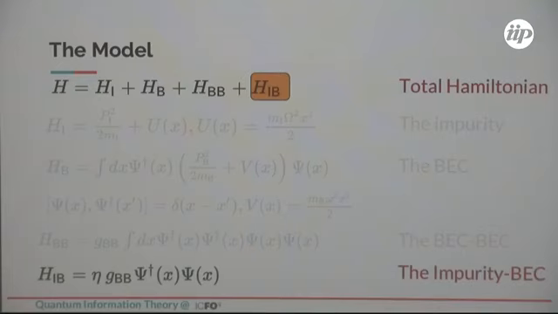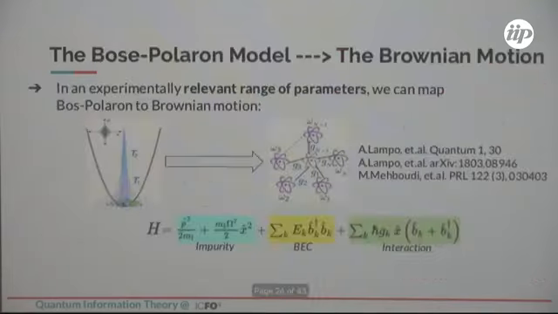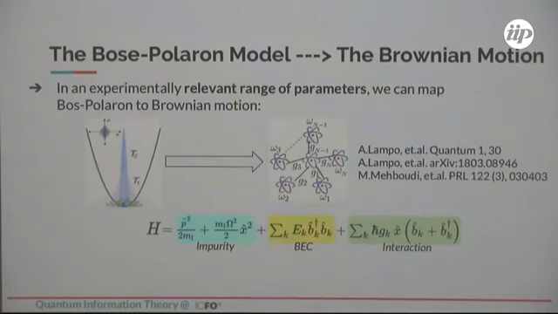So as I mentioned, this is a nonlinear Hamiltonian. In general, it's difficult to solve this. However, there is an experimentally relevant range of parameters where we can map this Bose-polaron model to Brownian motion, where the impurity would play the role of the Brownian particle, and the BEC, or more precisely, the Bogoliubov modes of the BEC, after diagonalizing it, will play the role of the environment.